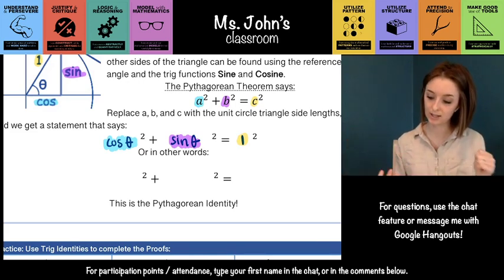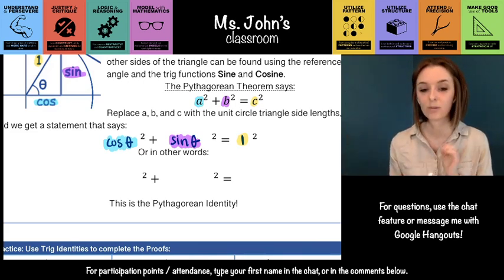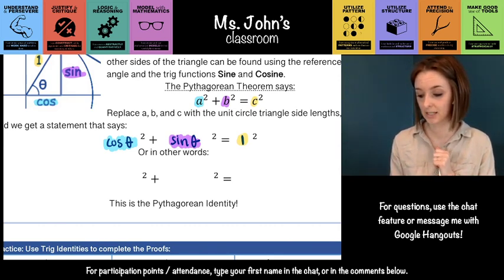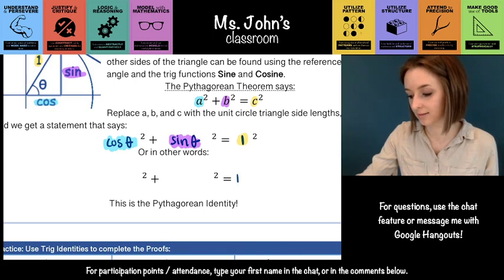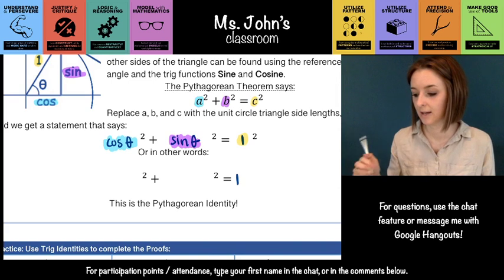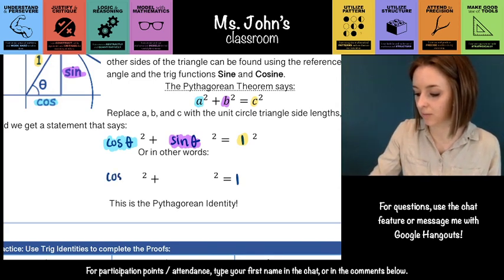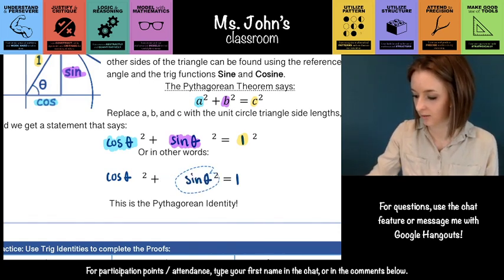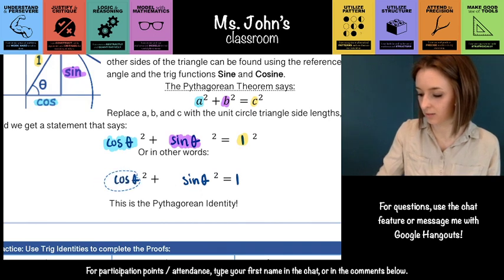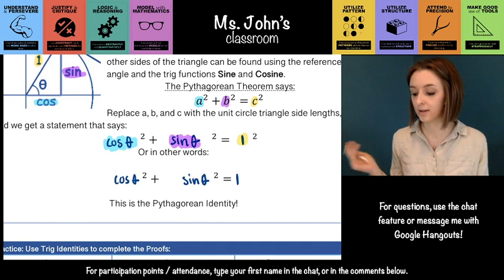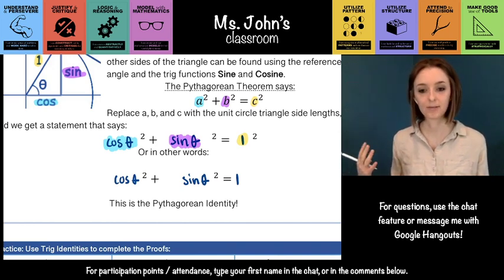We have an expression that says cosine of theta squared plus sine of theta squared equals 1 squared. And 1 squared is just 1. It doesn't get any bigger. And so we end up with cosine of theta squared plus sine of theta squared. I'm going to write them closer to the squared because I don't want them to be separated. Equals 1. And that's the Pythagorean identity.